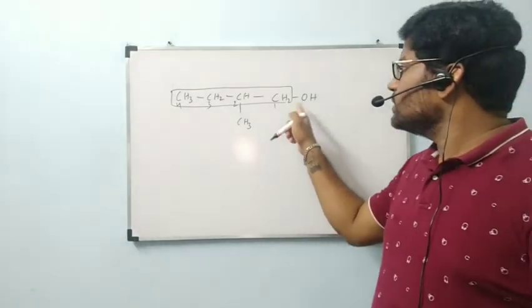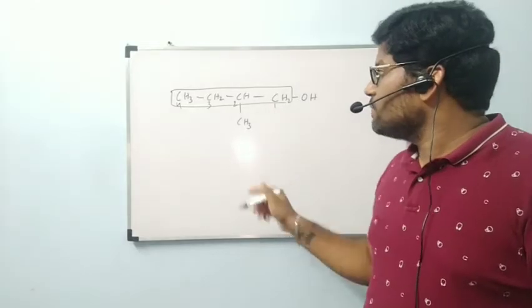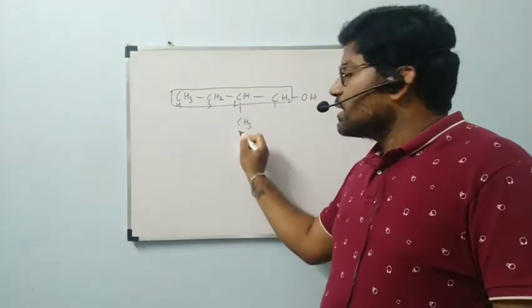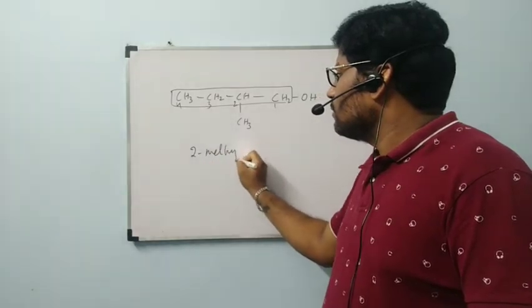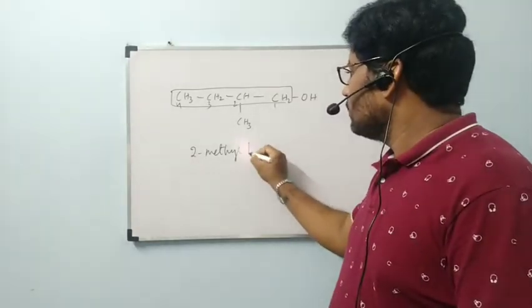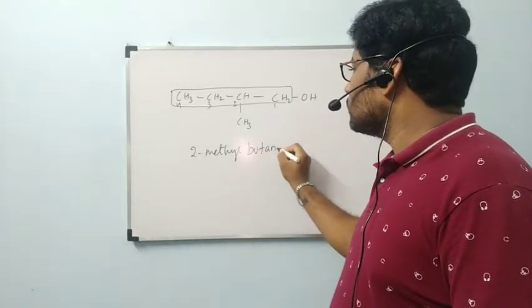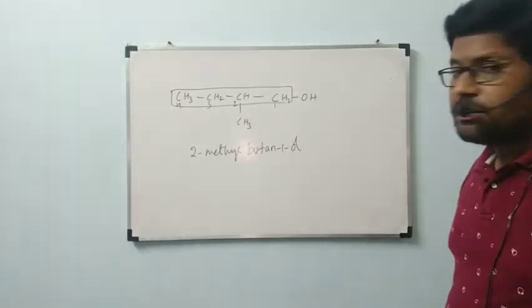Here OH is bonded to a carbon that is in the parent chain. On the second carbon a methyl group is there, so 2-methyl. 4 carbons, butanol: 2-methylbutan-1-ol.